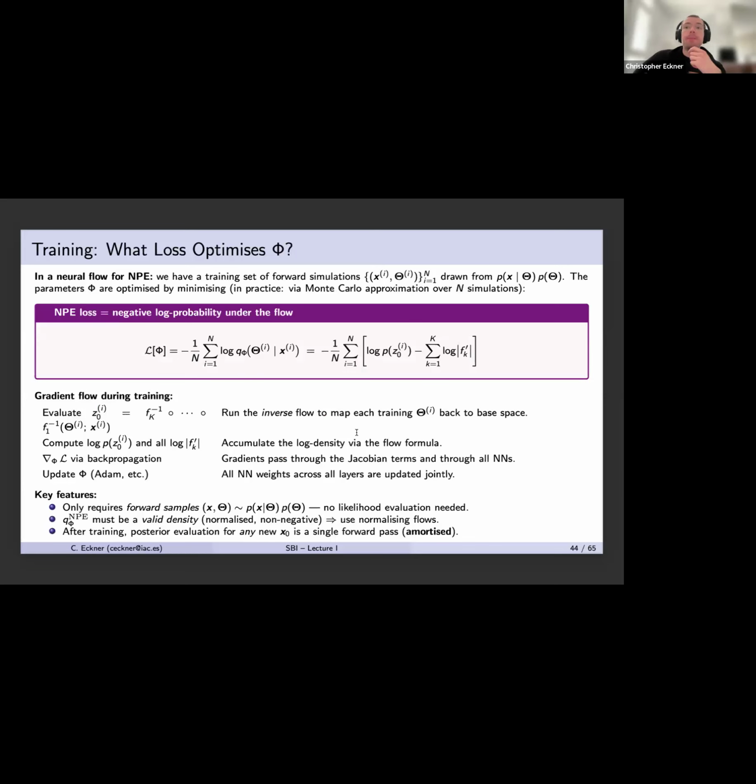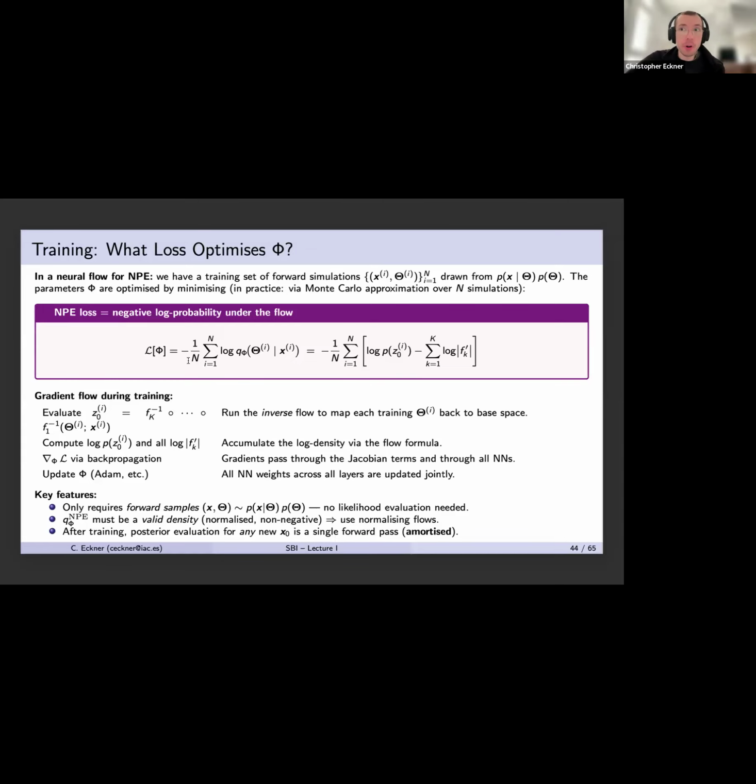Okay, so if we recap, what do we learn in neural posterior estimation? Well, we learn from a given training data set that is the number of parameters and associated model or training sample features that we've created that are drawn from the joint posterior. Or like this, drawn from a prior and then conditioning your simulator on those parameters and then drawing from them the observation. So you train it on pairs that match simulation and parameters.